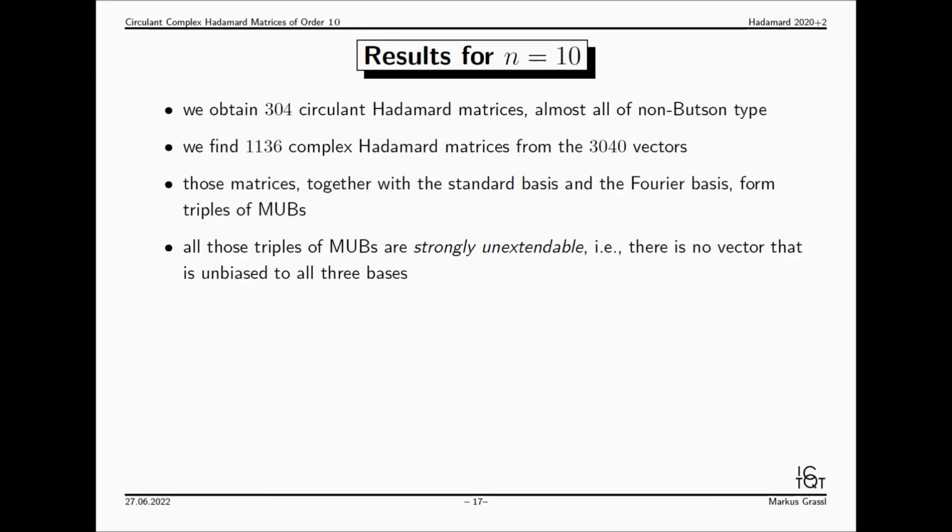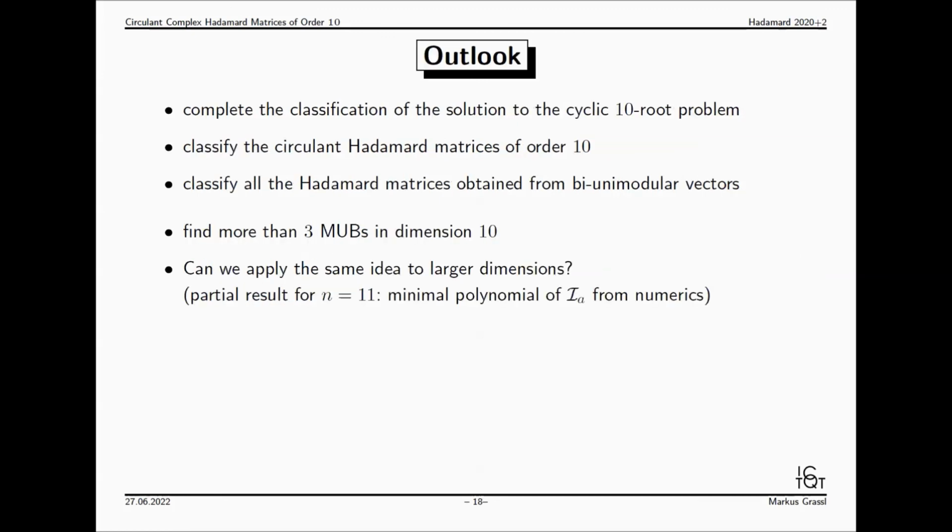So we are getting stuck with 3 bases. So what we achieved is a complete classification. I put there still an ongoing complete classification of the solutions, since we have not yet done the last step for the big components.